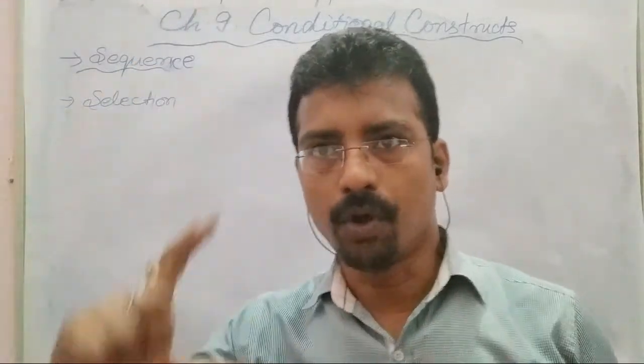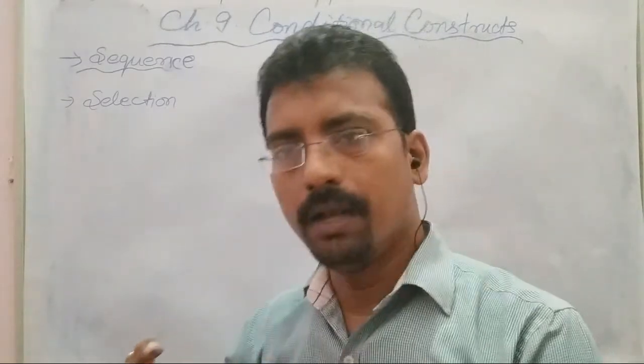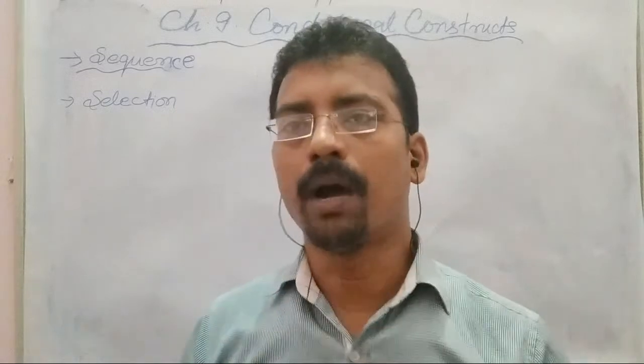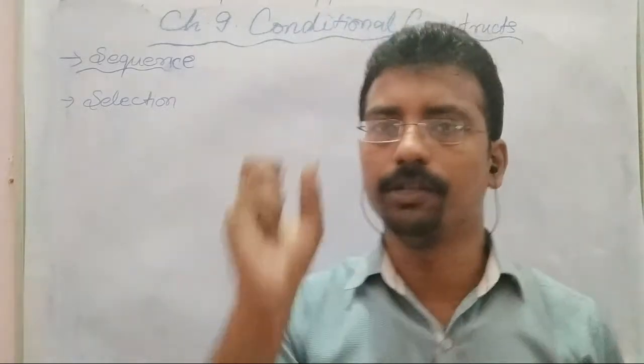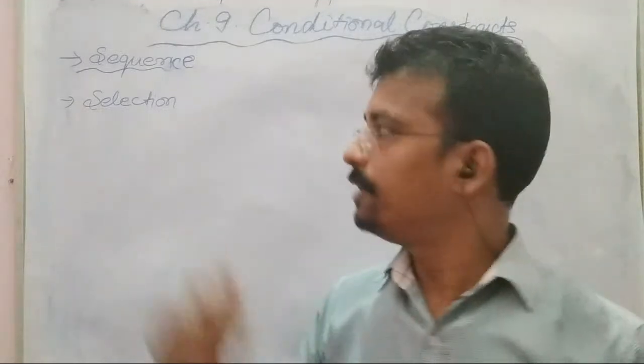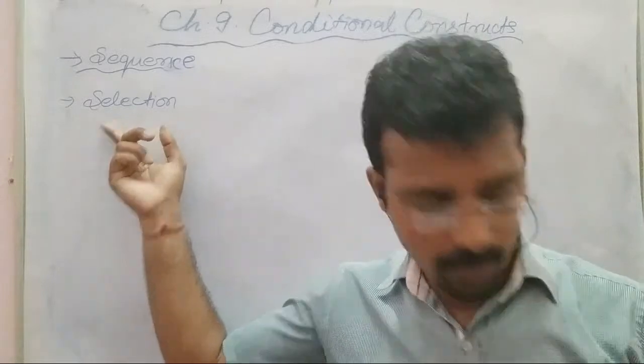Somehow disturbing the normal functioning means you can run any specific part of the program on the basis of certain conditions. That kind of program is called a selection program. Okay?